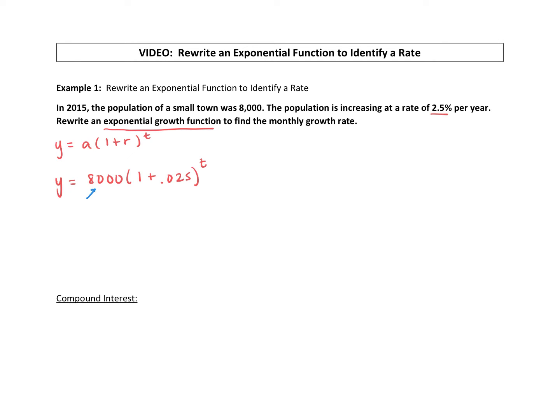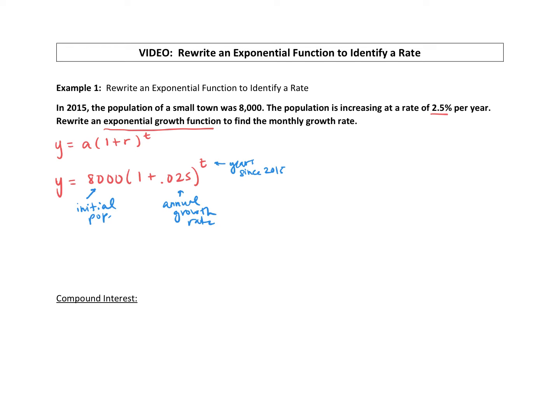So that 8,000 is the initial population. The 0.025 is the annual growth rate. And then the t is the number of years since 2015.